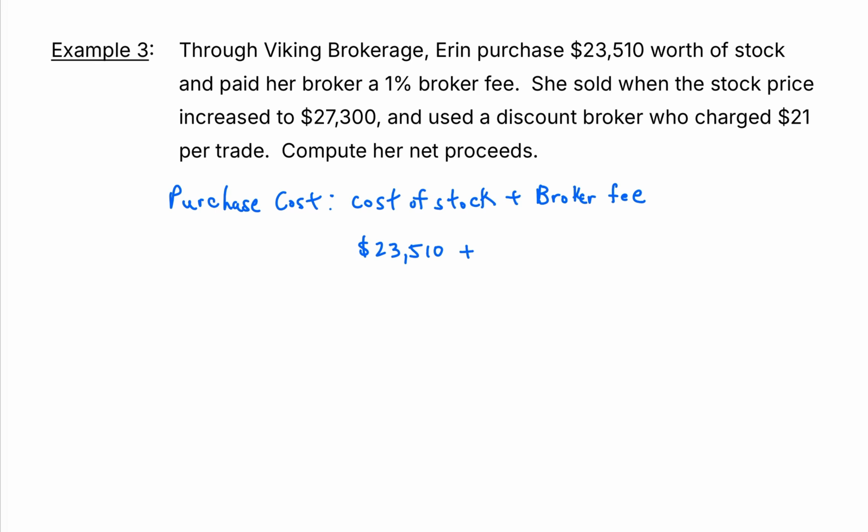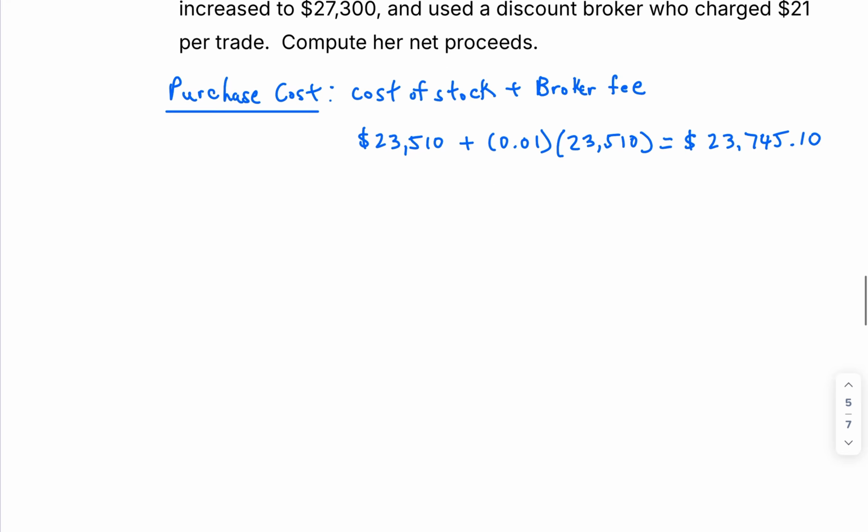And the broker fee is 1%, so that's converted to 0.01, and we're going to need to multiply that by the cost of the stock, which was $23,510, and adding those two numbers together gives us $23,745.10. Okay, that is the purchase cost.